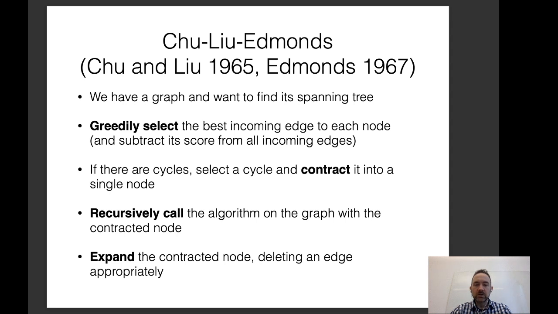So you don't really need to know the details, but basically what this shows you is there are algorithms that take in this scored graph and turn it into a tree that could then be used as a dependency tree. So then the main question becomes, how do we score the edges in the tree in the first place?